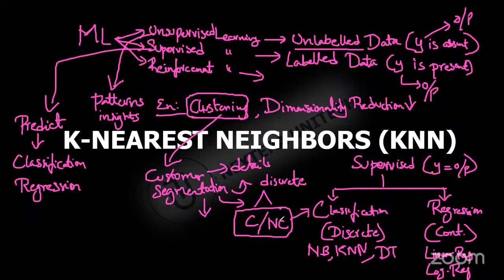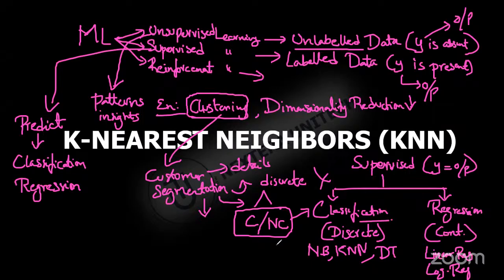Can I have anything else in the output? No. Either the model says the patient has cancer or not. Here the values are fixed. When the values are fixed, which kind of algorithm should be used? Classification algorithms.